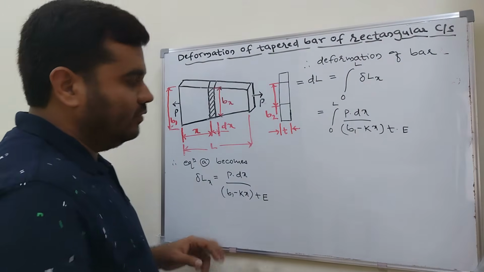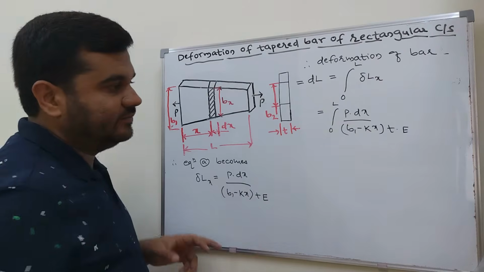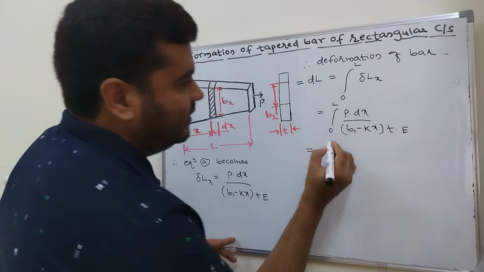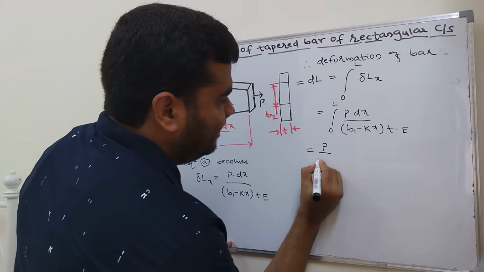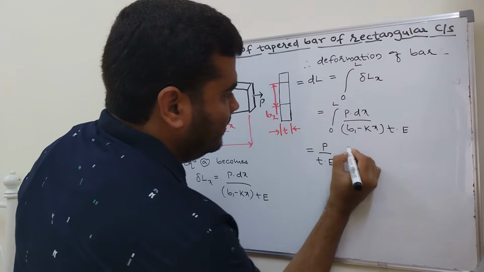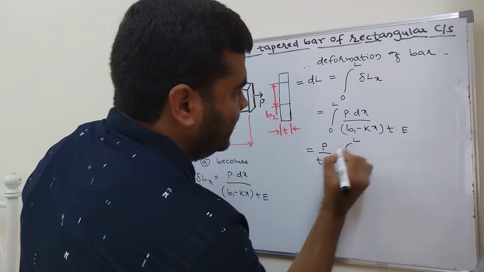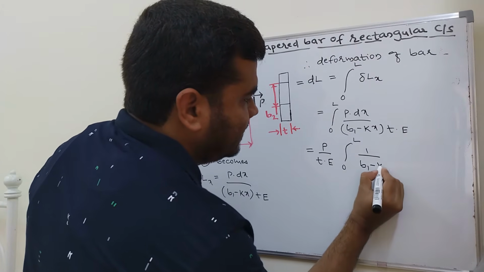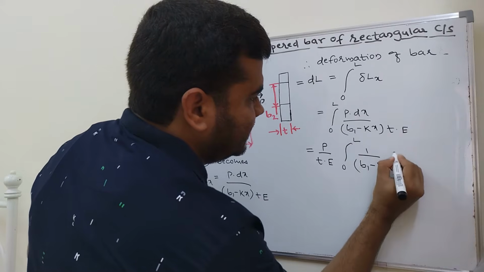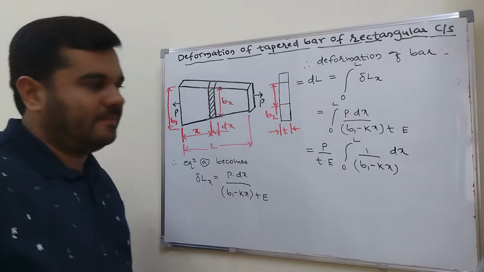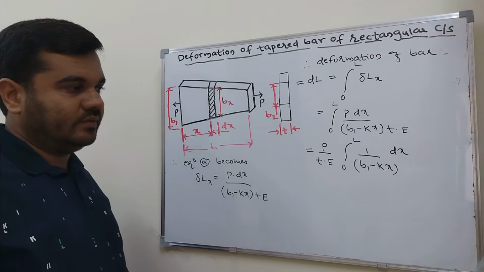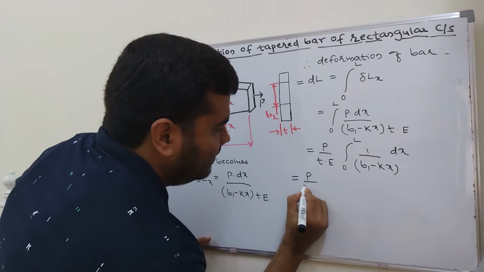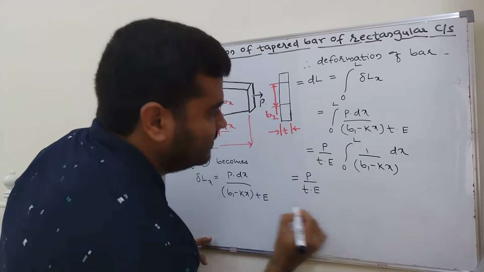Now, removing the constants, this equals P divided by T into E, times the integration from 0 to L of 1 divided by (B1 minus kx) dx.